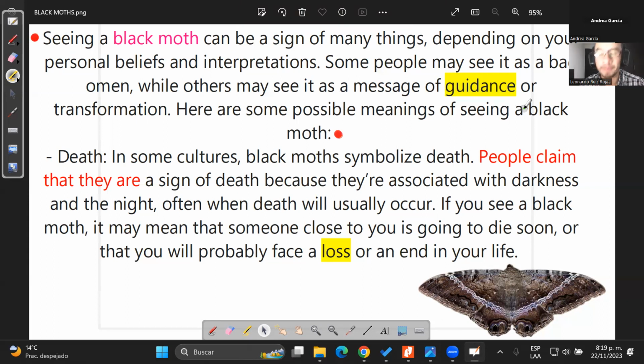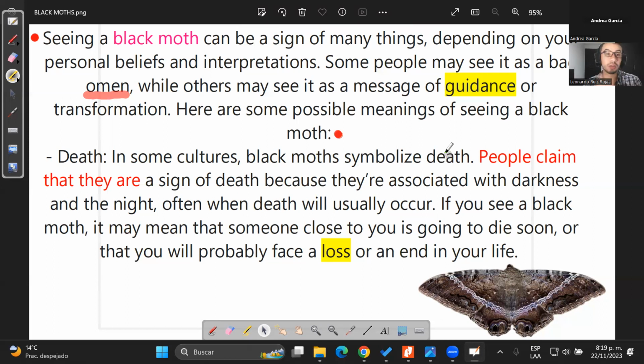Some people may see it as a bad omen, while others may see it as a message of guidance or transformation. Here are some possible meanings of seeing a black moth.